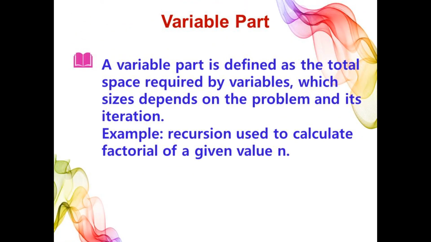Variable part: a variable part is defined as the total space required by the variables. Its size depends upon the problem and its iterations. An example is recursion, which is used to calculate the factorial of a given value n.